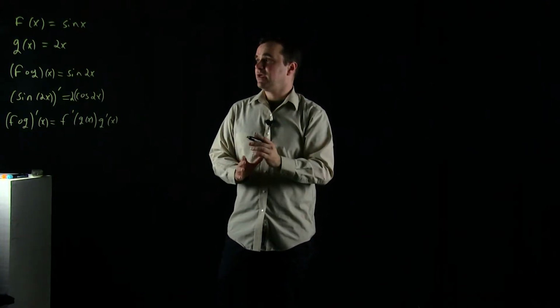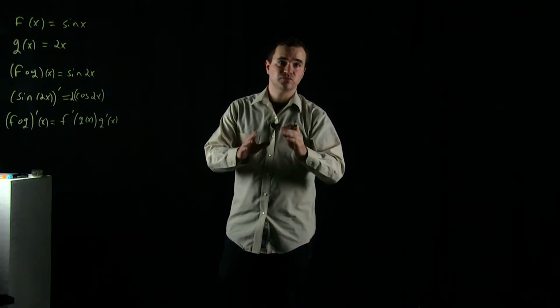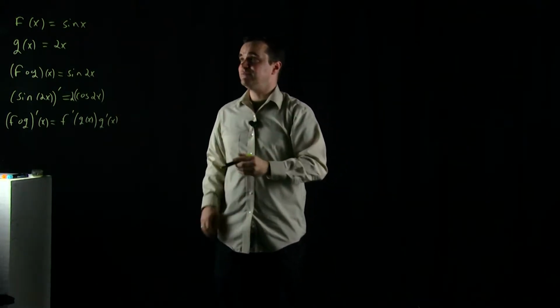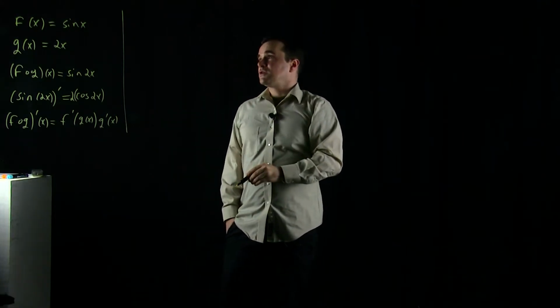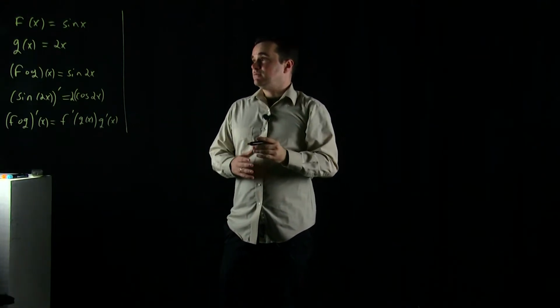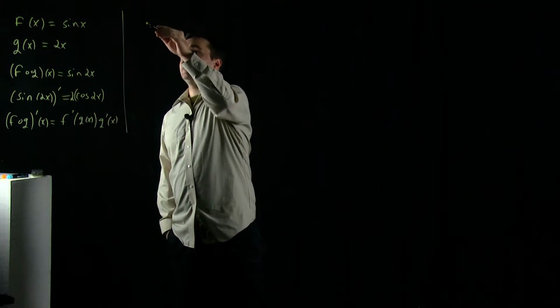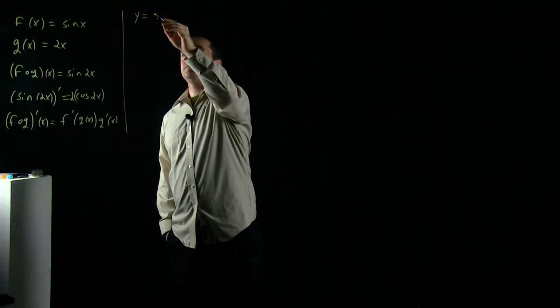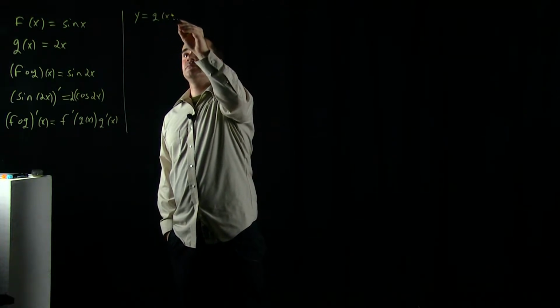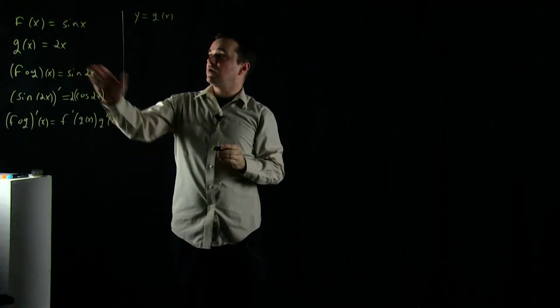And another way to help understand this is restating this in Leibniz notation. What Leibniz would do is he'd say, let's write y equals g of x. And in our example, that's y equals 2x.